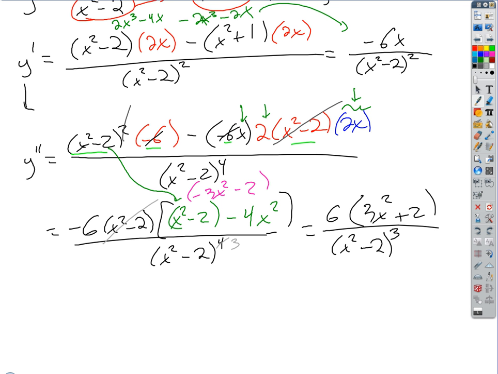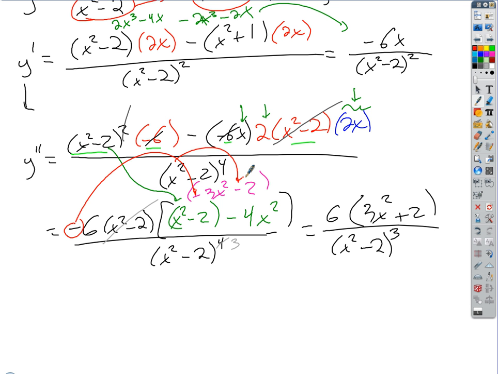How'd you get the top? How'd I get that? All I did was distribute this -1, so I don't have a negative times a negative. Or I could have factored out a negative and multiplied it by that, either way you want to think about it.